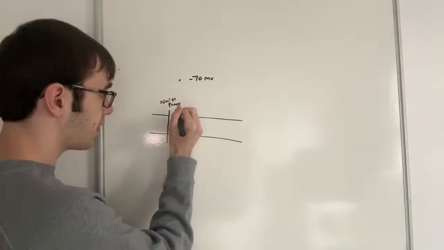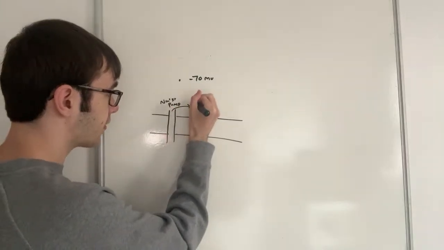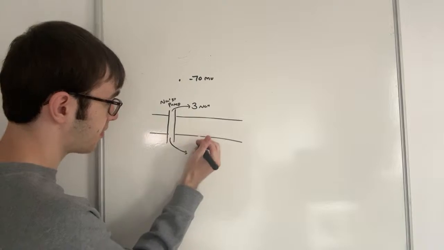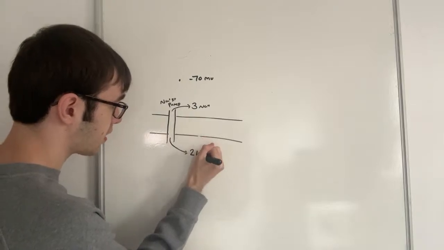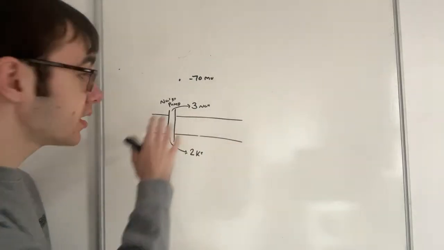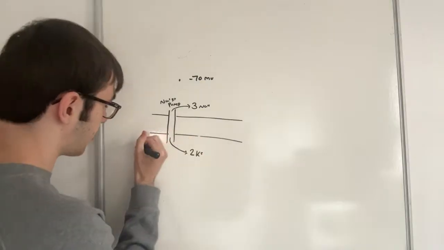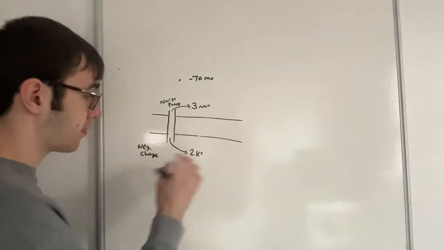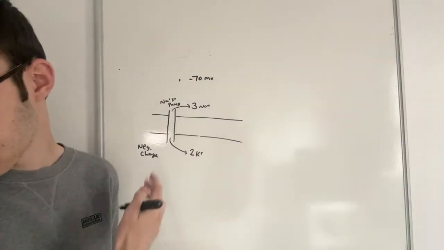This pump pumps out 3 Na plus ions and pumps in 2 K plus ions, leading to a net negative charge inside the axon membrane.